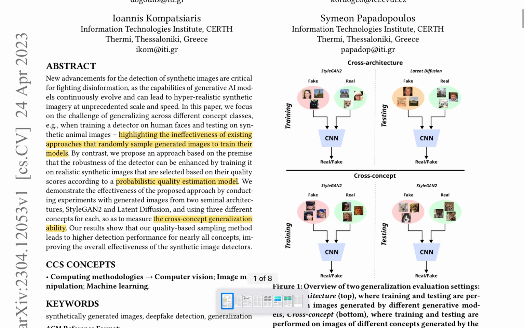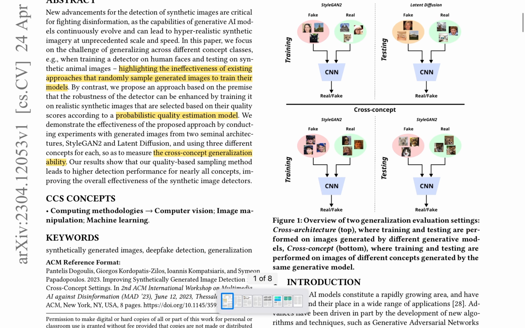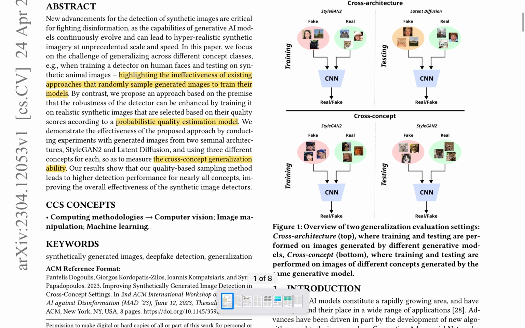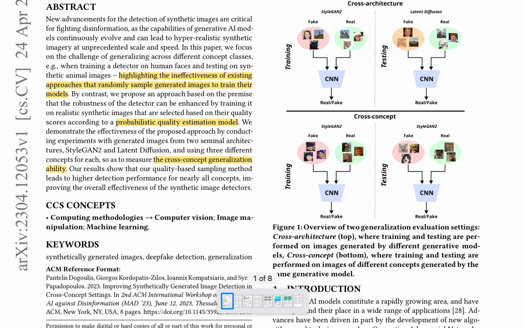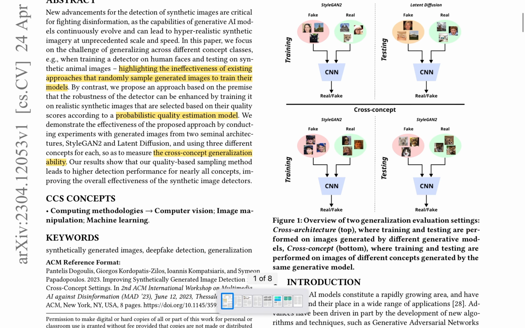Let's quickly see what they are trying to do with the image as well. Figure 1, the overview of the two generalization evaluation settings: the cross architecture, where training and testing are performed on images generated by different generative models; cross concepts, bottom, where the training and testing are performed on images of different concepts generated by the same generative model.